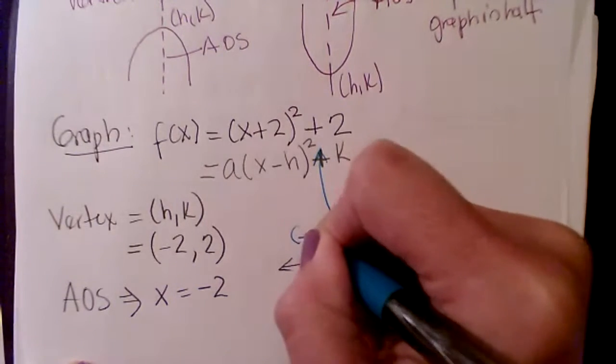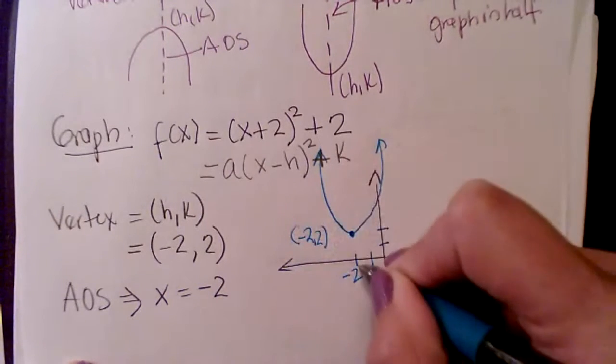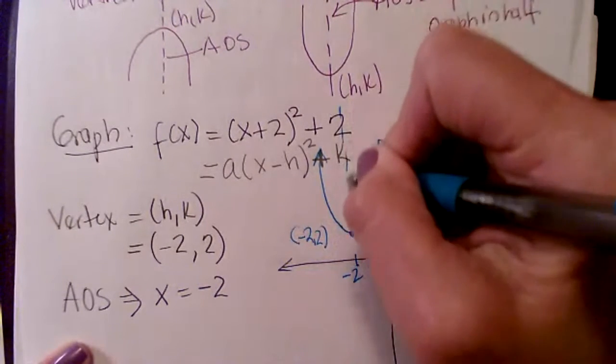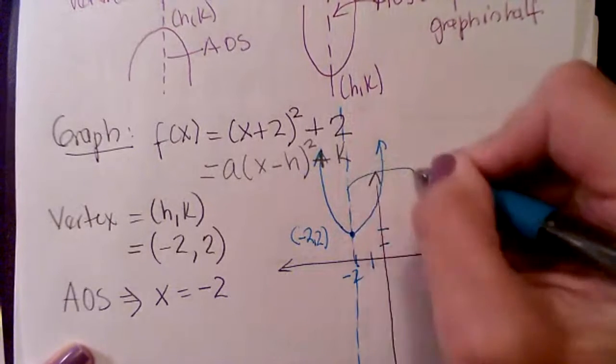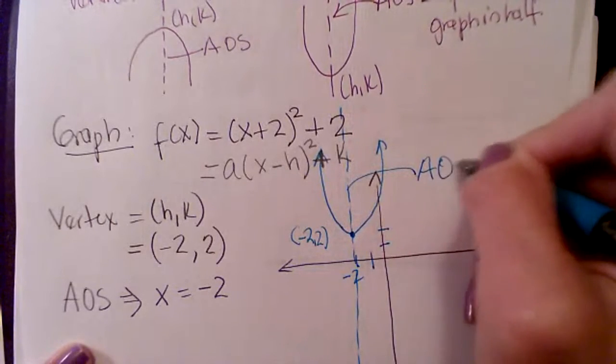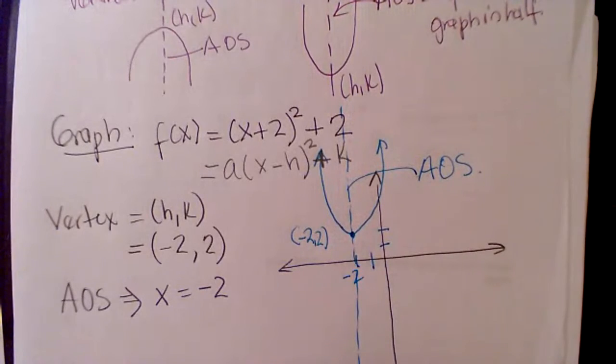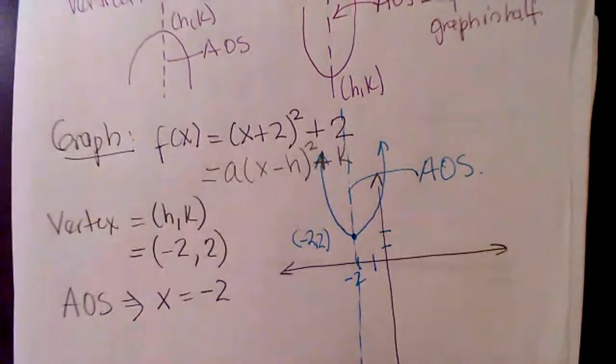This is the vertex, negative 2 comma 2. Now the negative 2 is the axis of symmetry. So we found the vertex and we found the axis of symmetry.